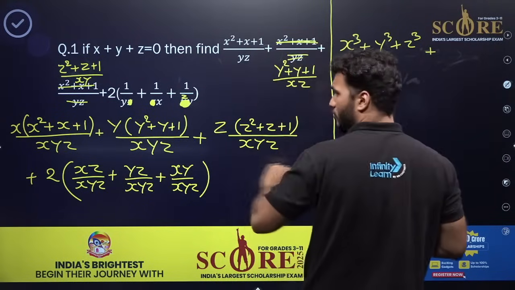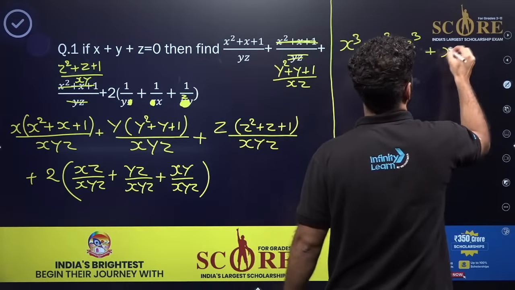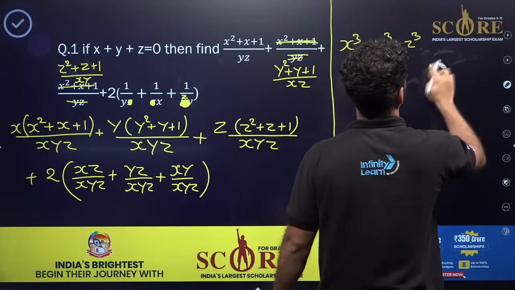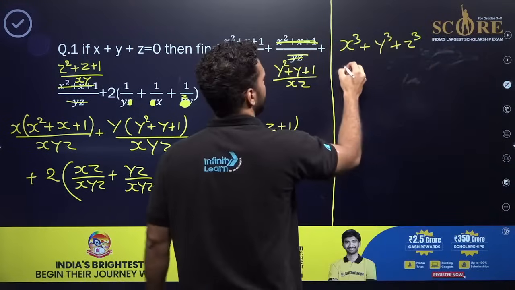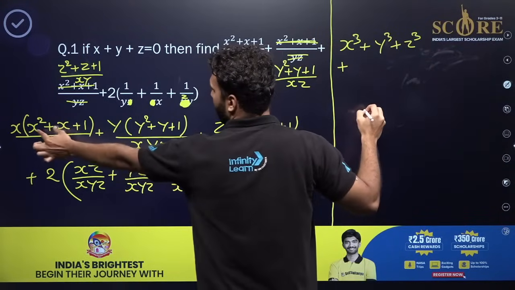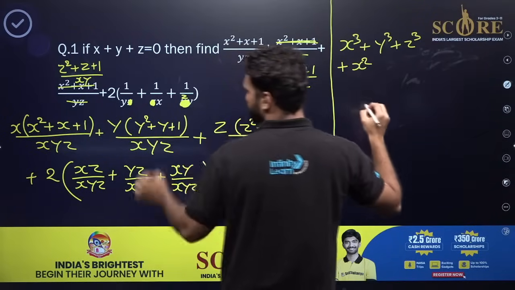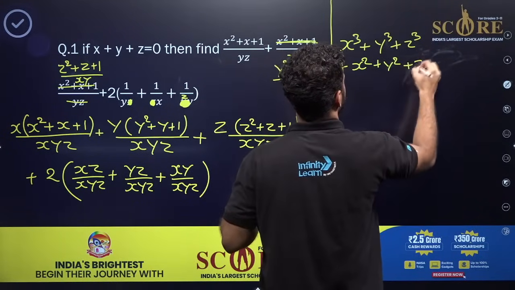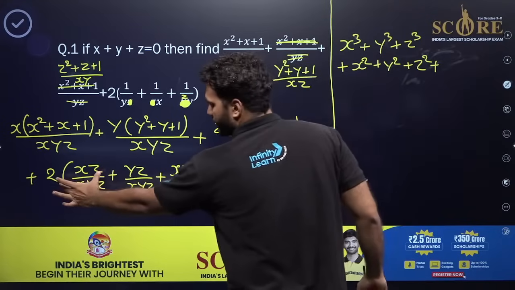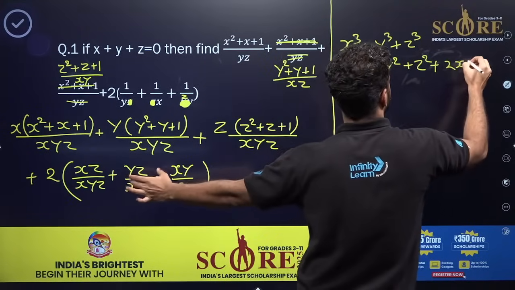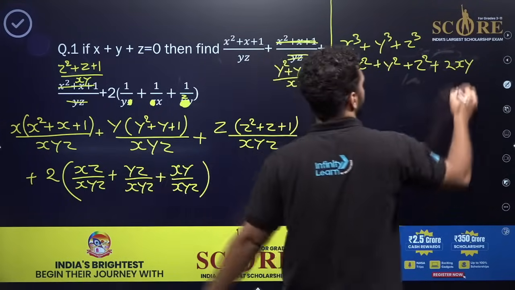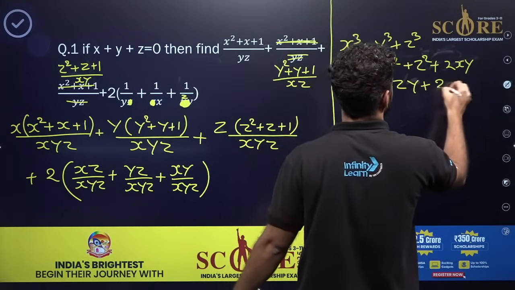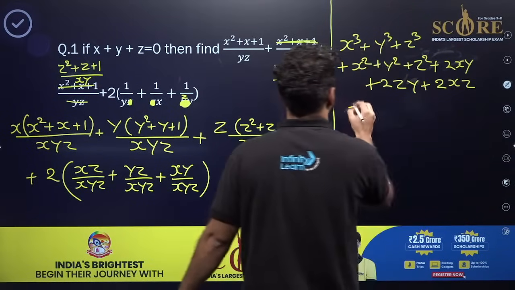plus what I will get? Sir, x square from here plus, okay, I'm writing here plus x square, y square, and z square, plus 2xy here plus 2zy plus 2xz, okay, and what are we left with?